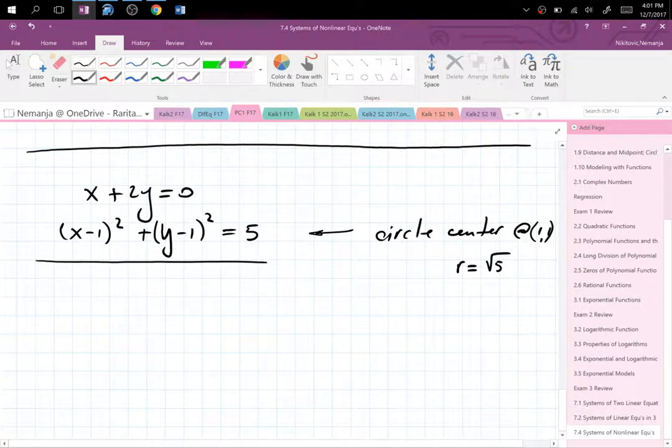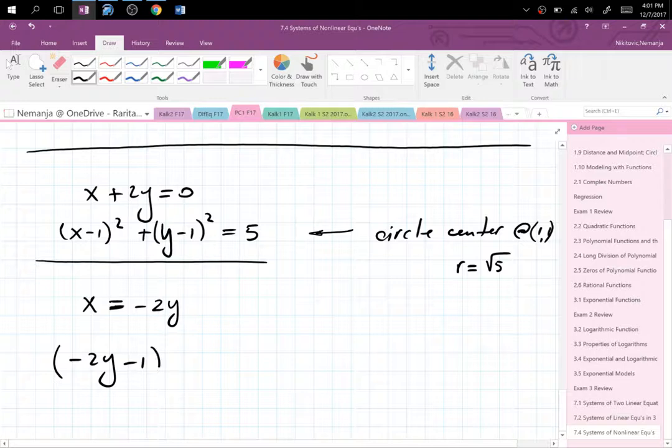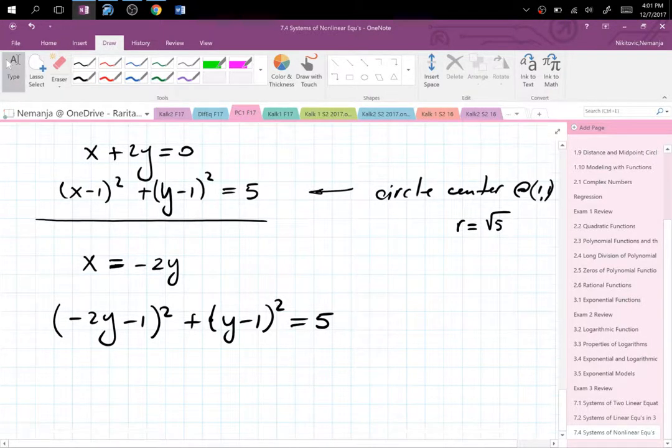So how do we solve this problem? Well, you solve the first equation for x, which is negative 2y, and then you plug it into the second equation. So instead of x, I have to write negative 2y, then minus 1, everything squared, plus (y minus 1) everything squared equals 5. Now, square all of this.